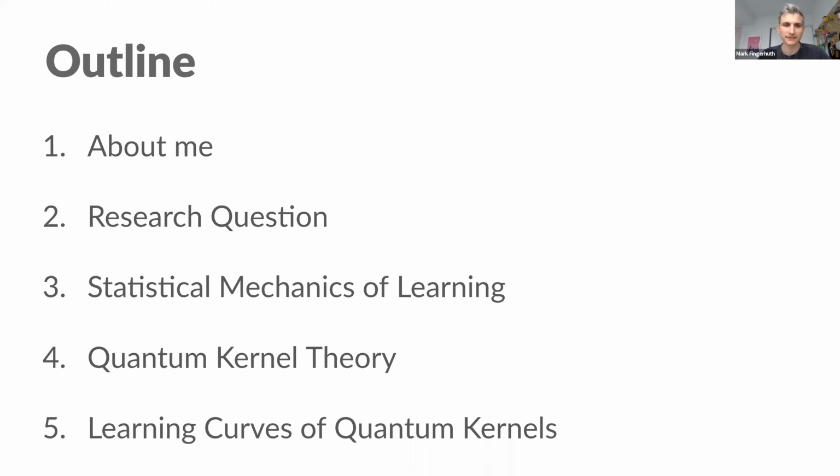One is Statistical Mechanics of Learning, because that's the framework we're going to be operating in. Then I'll talk in more detail about quantum kernel theory specifically, before I show you some actual learning curves of quantum kernels, give you some examples of how they can be useful, and how you could potentially use them in your work if you're dealing with quantum machine learning models.